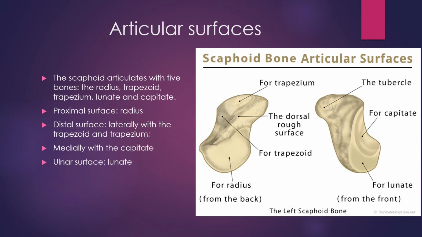Then coming to the articular surfaces. An articular surface is that surface which connects with other bones to form a joint. The scaphoid articulates with five bones: the radius, the trapezoid, the trapezium, the lunate, and the capitate. The proximal surface, towards the radius, articulates with the radius.